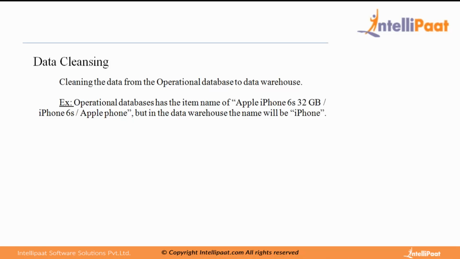Cleaning of the data can be of any type. Here the example given is Apple iPhone 6s 32 GB, but in the data warehouse it will be stored as iPhone only, so you have to remove the other data. Another good example is the phone number. Multiple systems send you phone numbers in different formats.